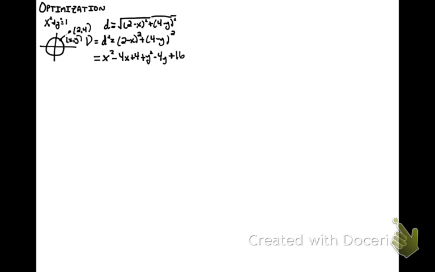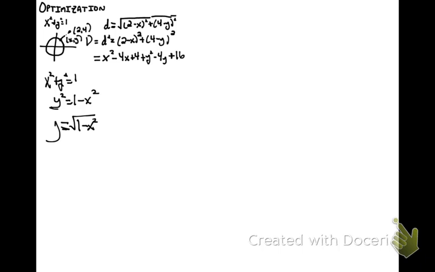And we still have the issue of multiple variables right now. We have to recognize that from our original equation of x squared plus y squared equals 1, we can know that y squared is equal to 1 minus x squared, and that implies that y must be equal to the square root of 1 minus x squared.